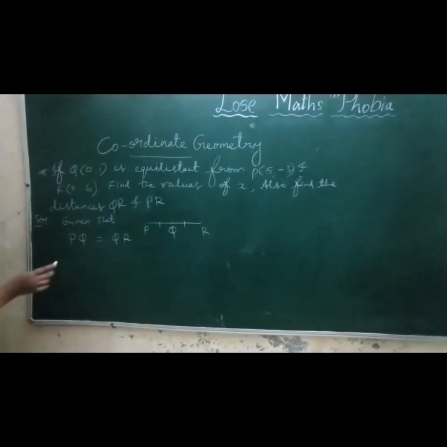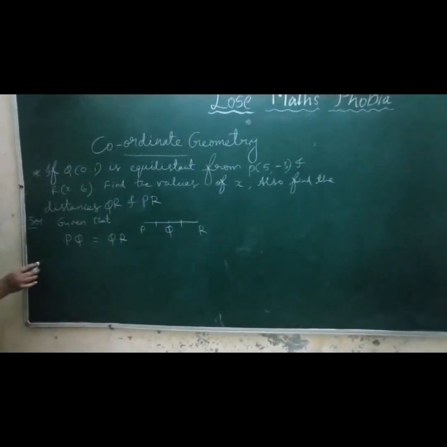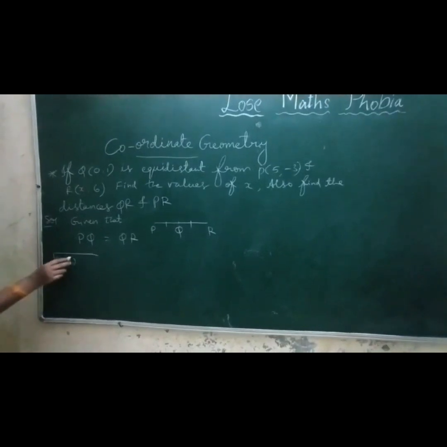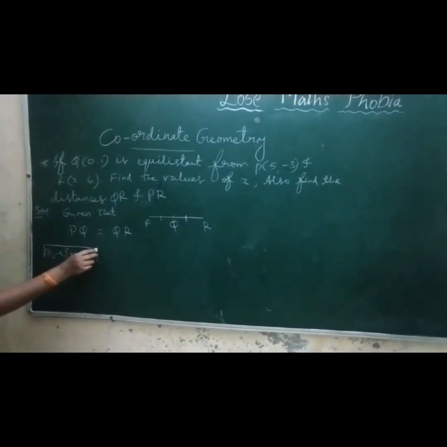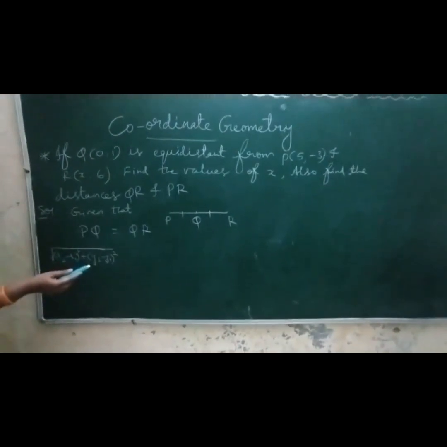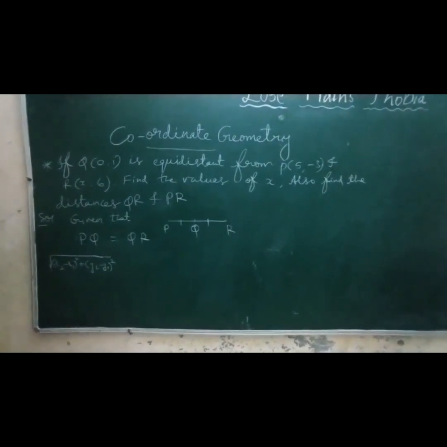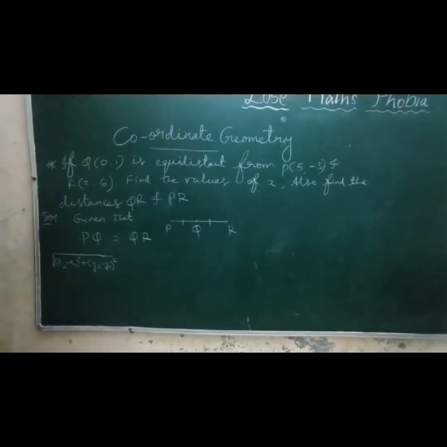Already we know the distance between 2 points P and Q. The formula is the square root of (x2 minus x1) whole square plus (y2 minus y1) whole square, or we can take (x1 minus x2) whole square plus (y1 minus y2) whole square, because anyhow a square is there. Minus value square or plus value square, the same answer will be given for both.